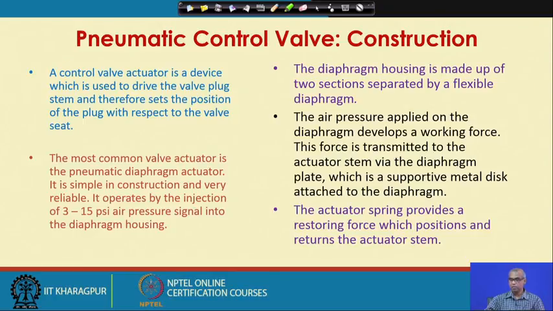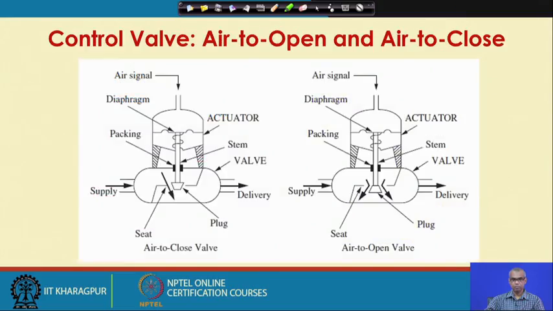The actuator spring provides a restoring force which positions and returns the actuator stem. There are two types of control valves, we will discuss air to open control valve and air to close control valve.